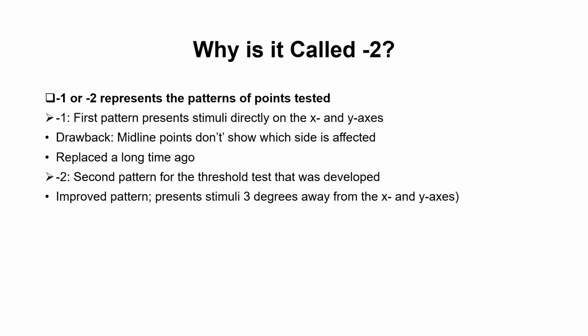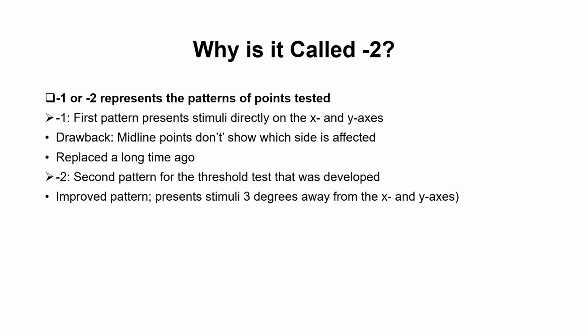The first pattern, which is dash 1, used to present the stimuli directly on the x and y axis, and it was replaced a long time ago. The main drawback, why it was replaced, is that the midline points don't show which side is affected. I will show you a picture explaining this point more clearly.